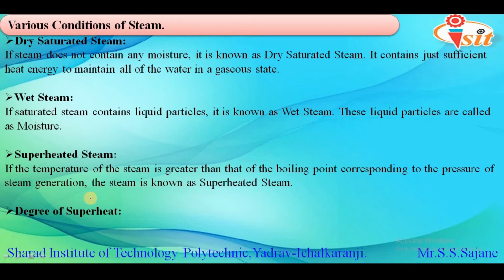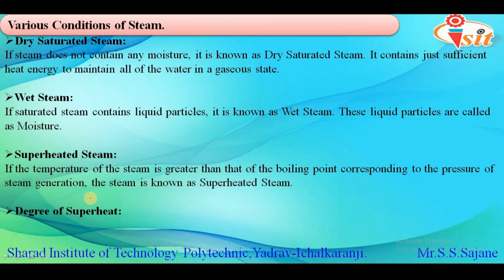After point E, we had the saturation region, that is, saturated steam. With further addition of heat, there was a rise in temperature. Whatever heat is added to the steam after its saturation point, we call it superheated steam. So these are the conditions or types of steam.